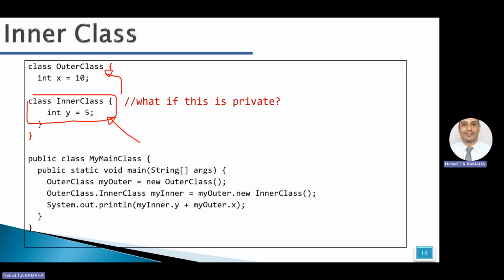Because you can reach it using the outer class. This is the only way to make a class private. Any class in Java cannot be private, except an inner class inside another class can be private. Why can it be private? Because you can reach it inside the outer class. Okay, just general information. It's not for the exam.